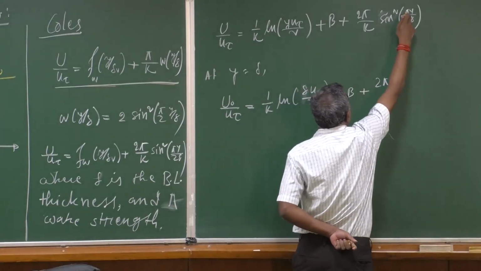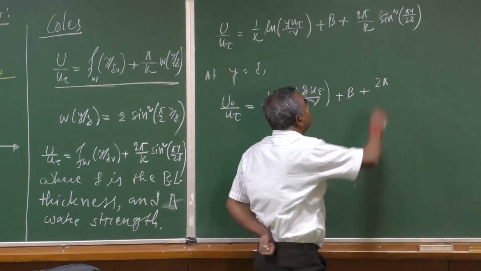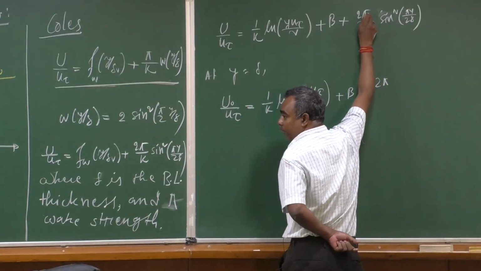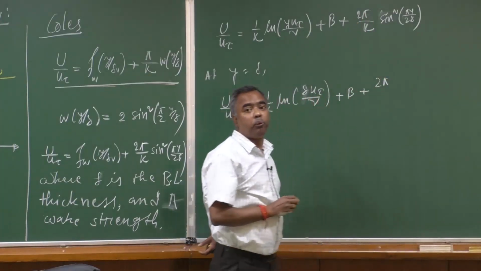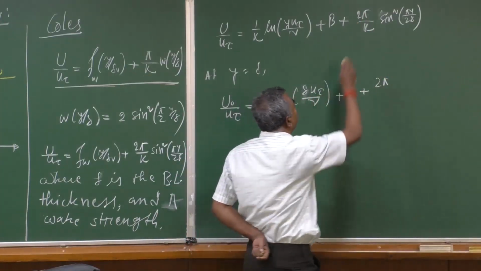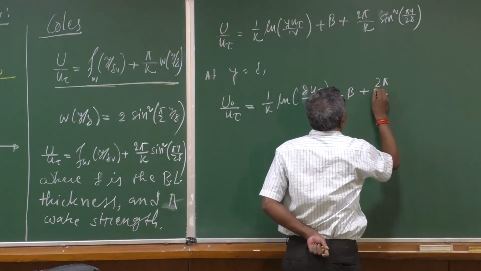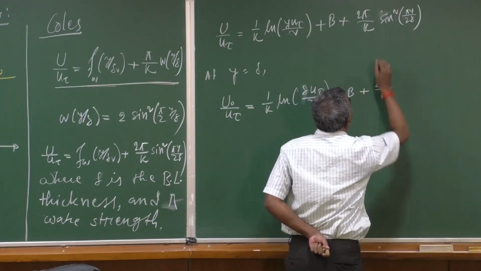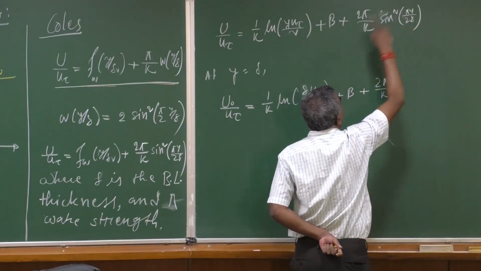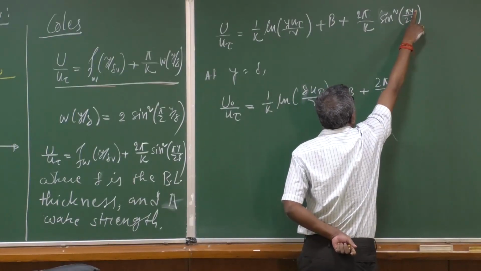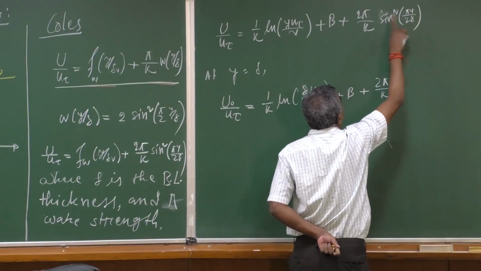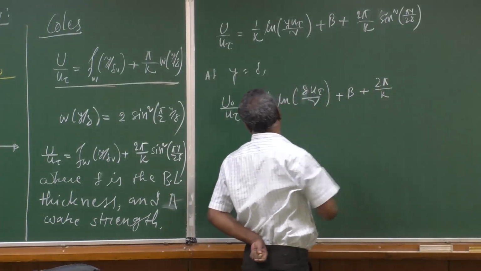Please note that this pi by 2 is nothing but 90 degrees, okay, and this capital pi is basically the wake strength parameter, which is a non-dimensional constant here. So, pi by kappa, and you see this is going to be 2 sine square of pi by 2 y by delta. So, y is delta, so this is pi by 2, so this is 1. So, this is what you are going to get, okay.